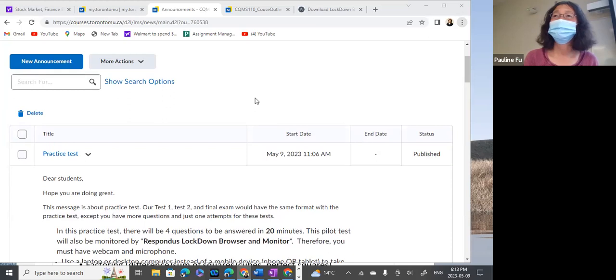For the final exam, would it be the same day or a rewrite? The final exam would be the same thing. Test 1, test 2, final exam, you write at home. Use your computer with Lockdown Browser, and your computer has to have the camera.